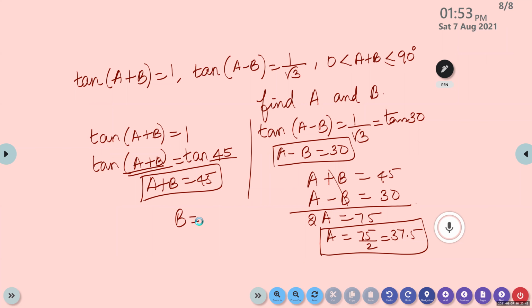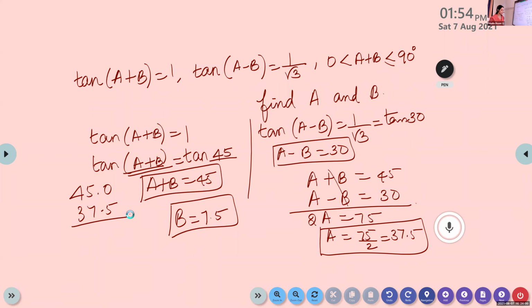B is 7.5. A plus B is 45, so 45.0 minus 37.5. Subtract it, I'll get the answer as 7.5.